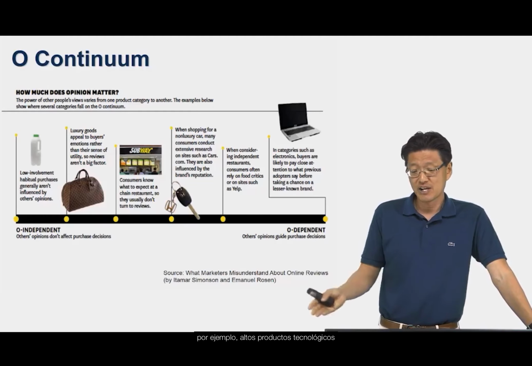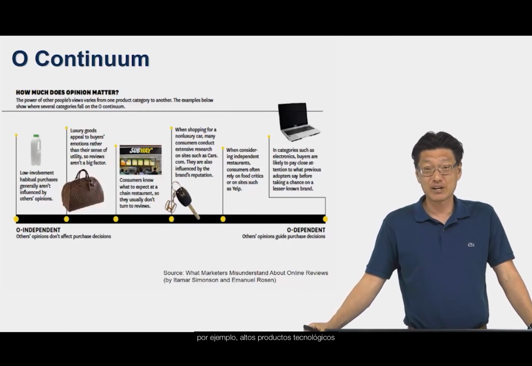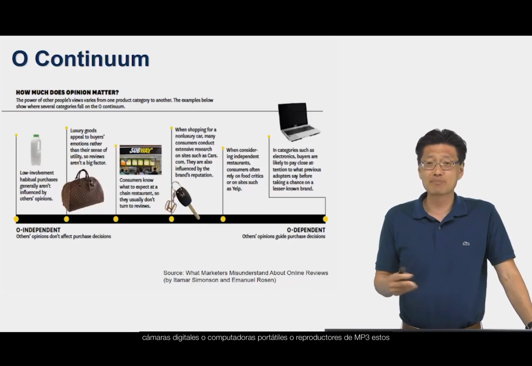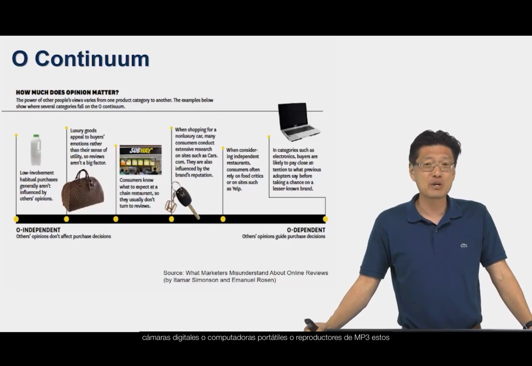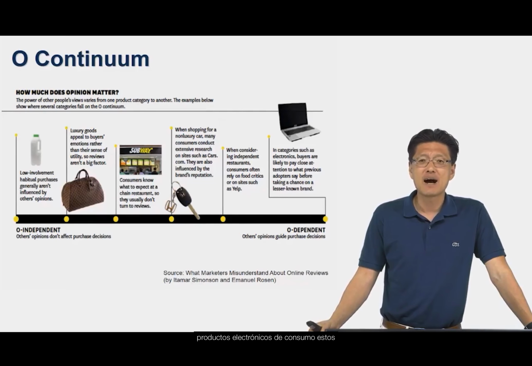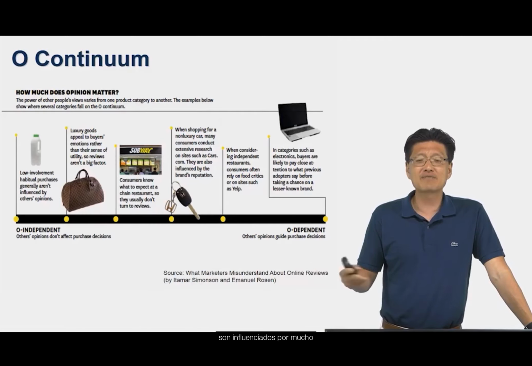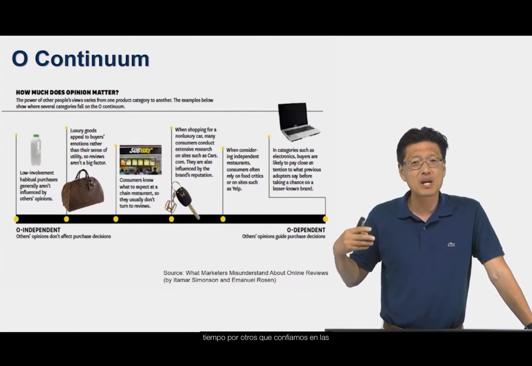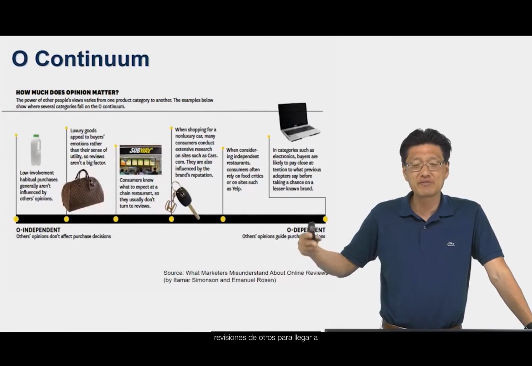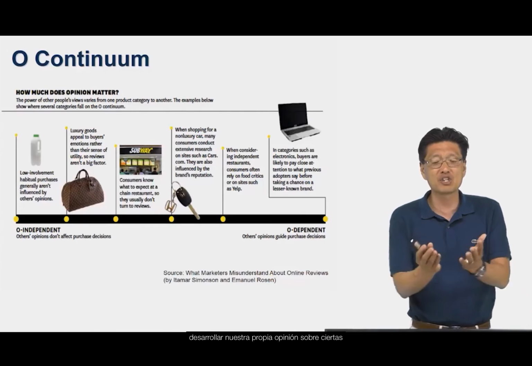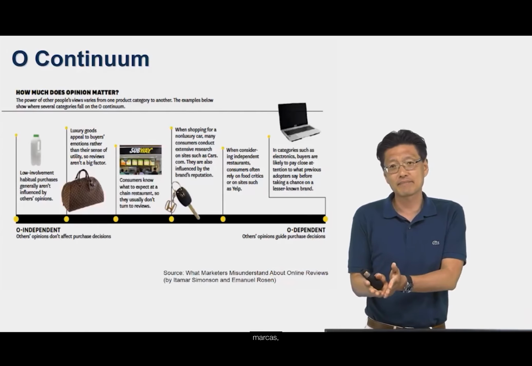So, for instance, high-tech products like consumer electronics, like digital cameras or laptops or MP3 players, are influenced a lot of the time by others. We rely on others' reviews to develop our own opinion about certain brands.